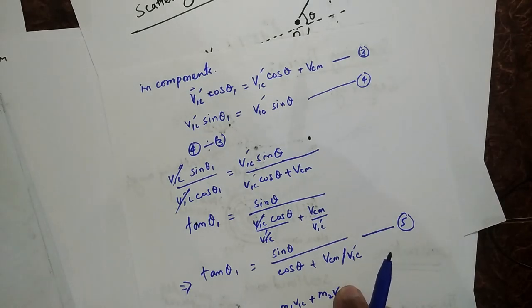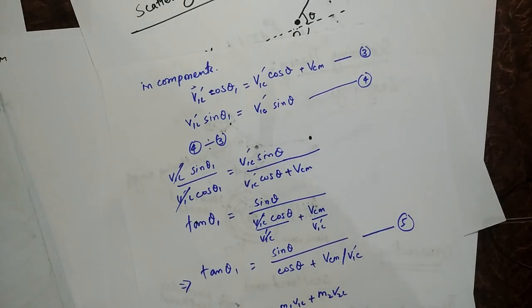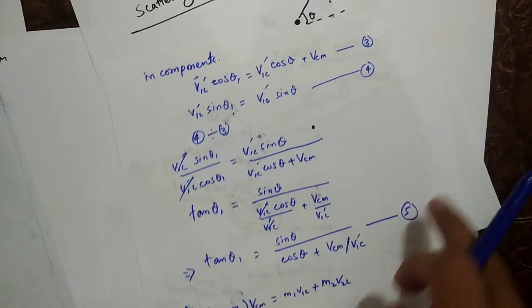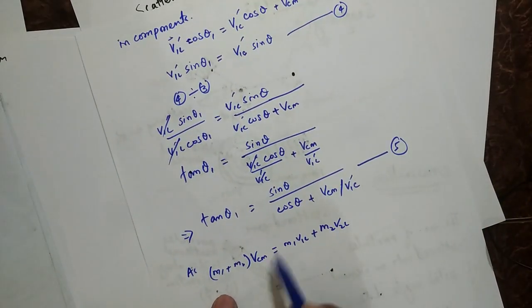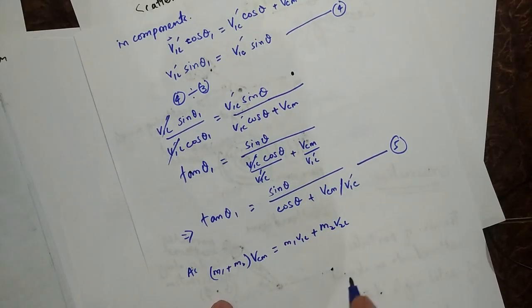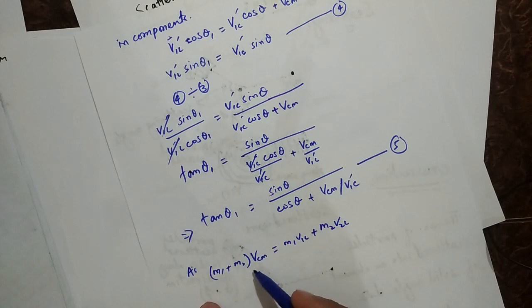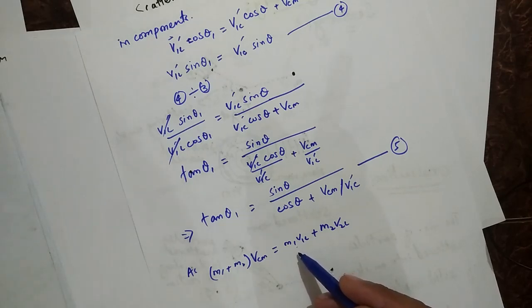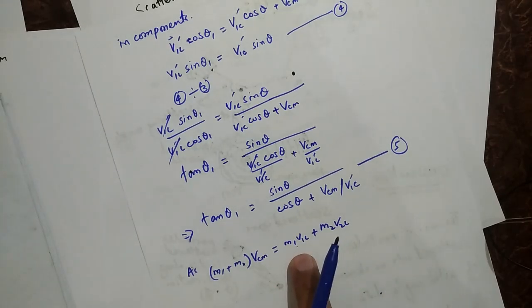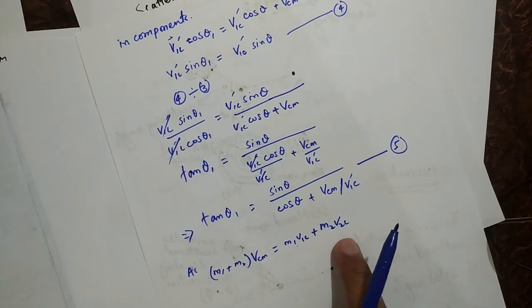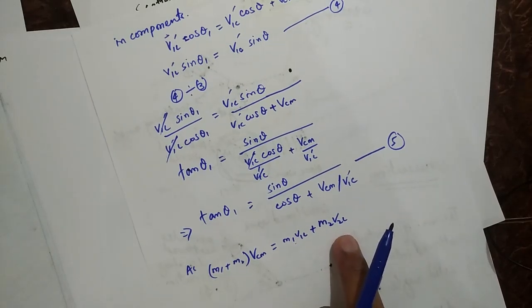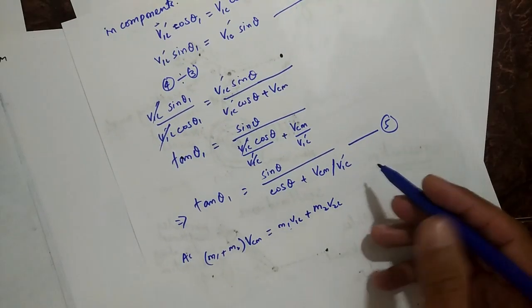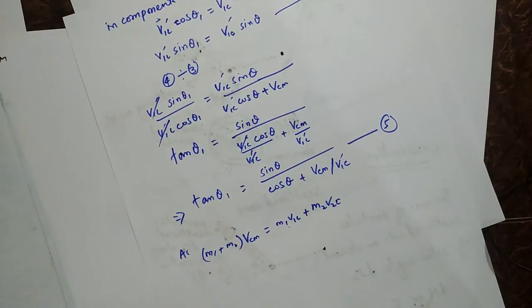We assume that in the center of mass reference frame, the center of mass remains stationary. So this is the momentum of the whole system, the momentum of the center of both the particles with respect to center of mass, and this is the momentum of the first particle before collision in center of mass reference frame, and this is the momentum of the second particle or the target particle in the center of mass reference frame before collision.